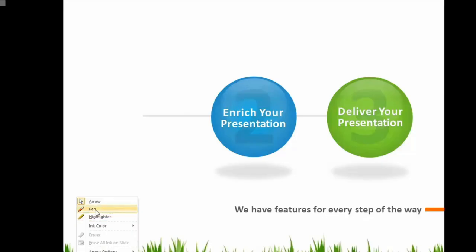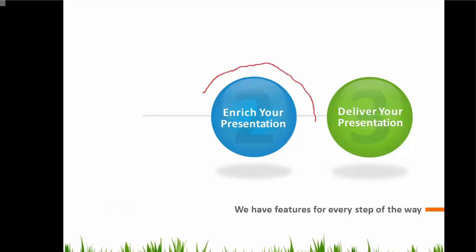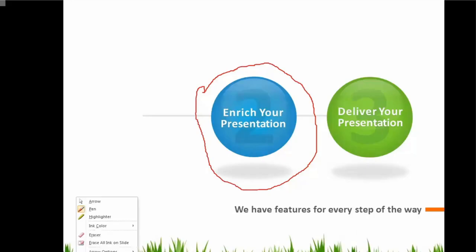Here you can choose properties for the cursor, such as hiding the cursor, showing an arrow, or changing the cursor to a pen. When you choose the pen option, you can actually scribble and annotate over your slide, almost like writing on a virtual whiteboard. Also, you can change the pen color through the ink color menu option.